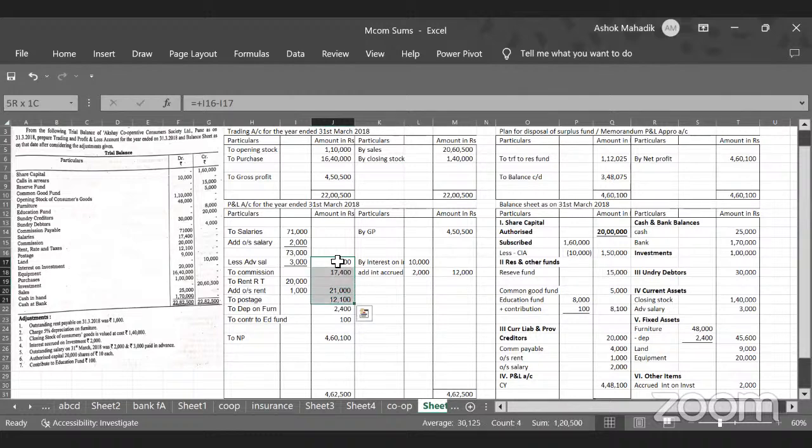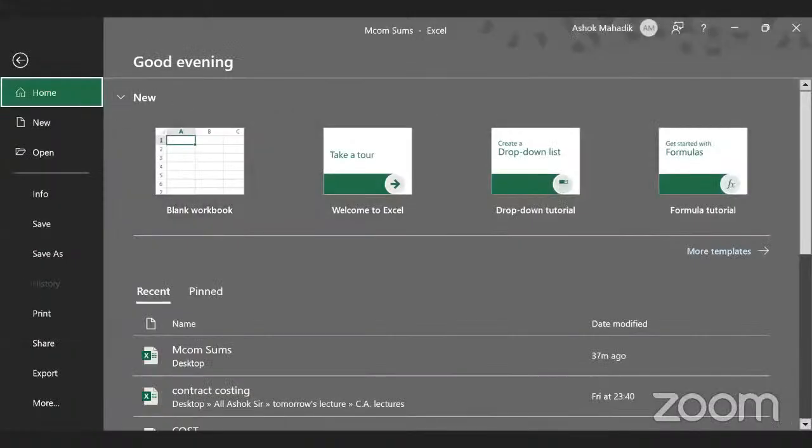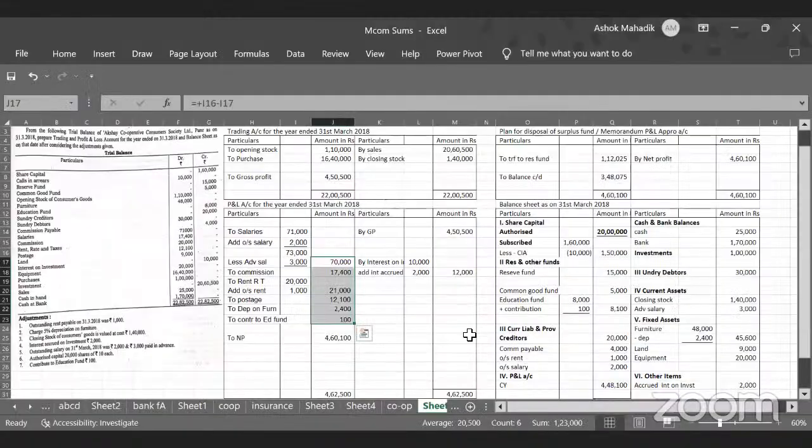Let me check the total once again. Total 123,000. Wait, I'll just do the calculation here. 462,500 minus 123,000, 339,500.